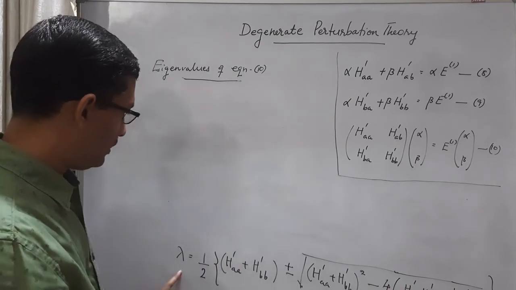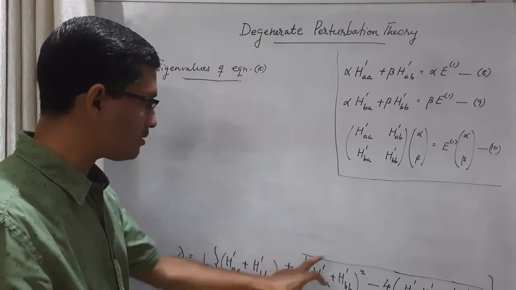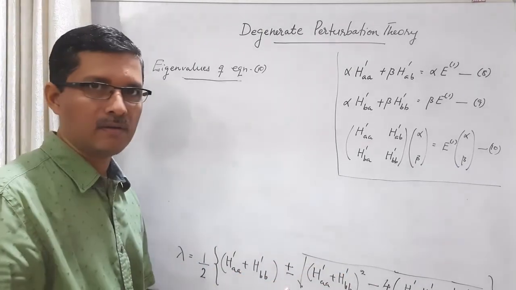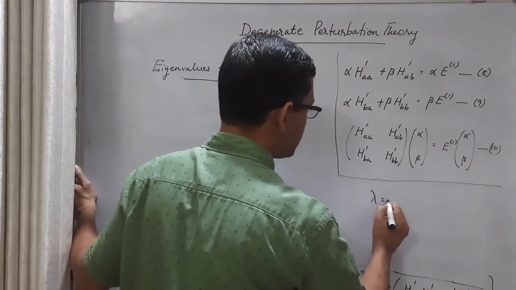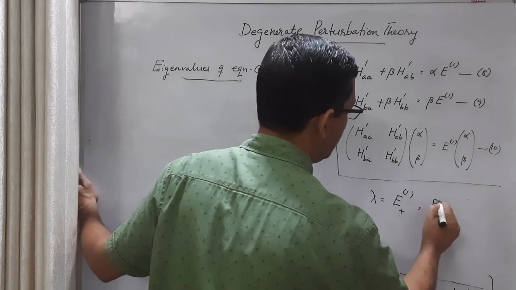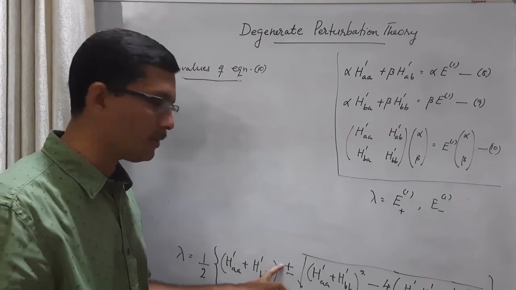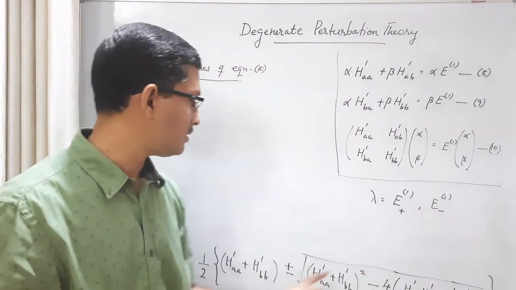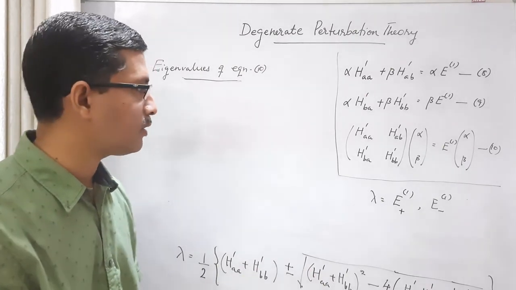So we can see that there are two terms for lambda. Lambda can be this plus this one or this minus this one. Now these two terms, let me write as E plus 1 and E minus 1. This plus sign stands for putting plus here, minus sign stands for putting minus here. That is the justification of our earlier notation.